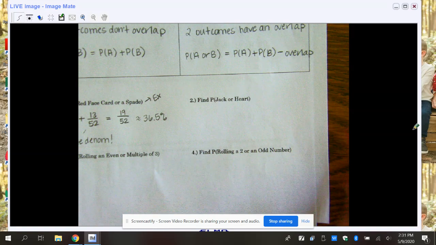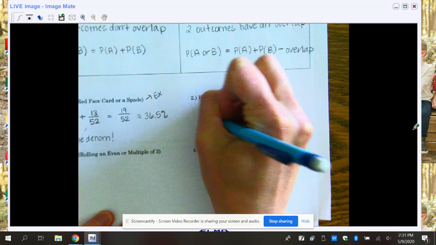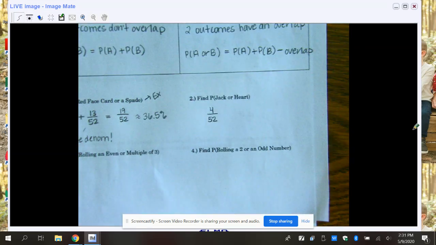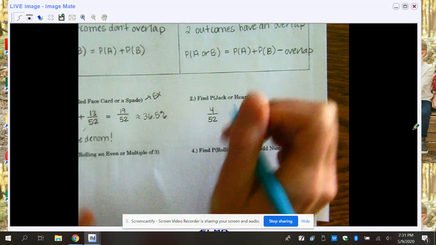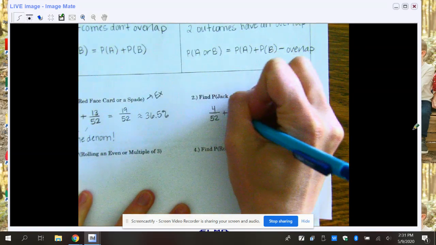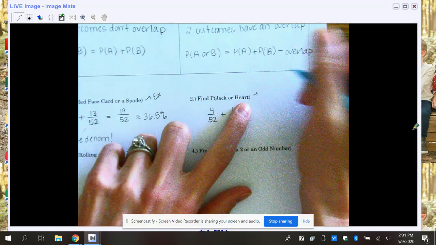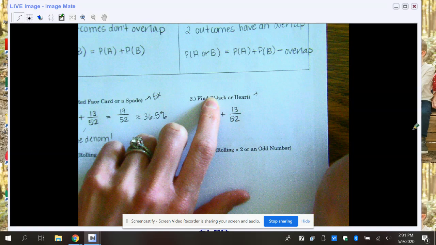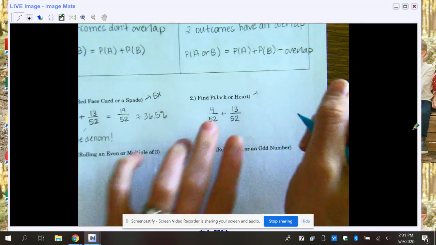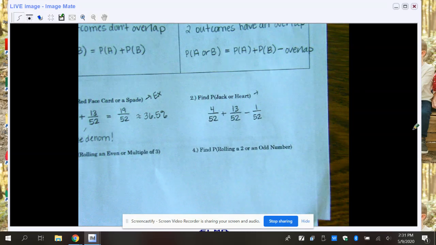Okay, all right, so if we look at this next one then, find the probability that I pick a jack or a heart. Okay, well, there's 1 jack of every suit. So there's 4 jacks out of 52 cards. There are 13 hearts out of 52 cards. So then I want to think, is there a heart that's also a jack? The answer is yes. So I can't count that twice. I have to subtract that 1 out.